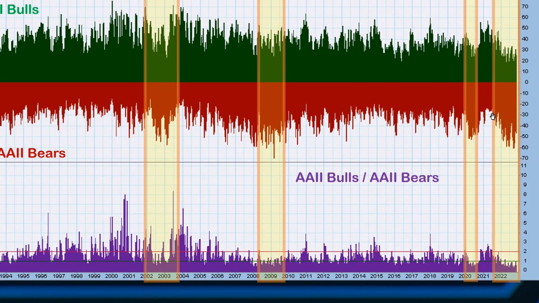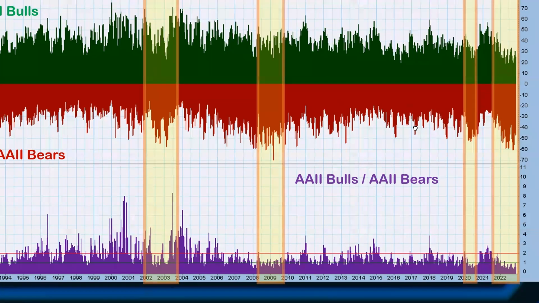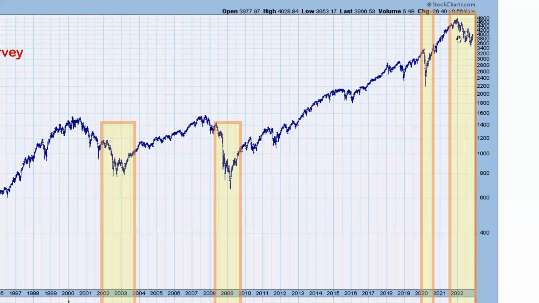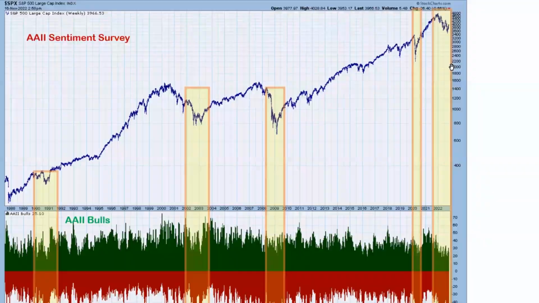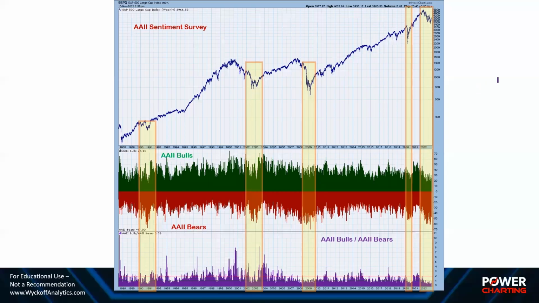So the market's ability to keep going down, it could go down further, but now many people have raised a lot of cash, have been underexposed to stocks here, at least in the area of the lows. That creates the conditions and the fuel for cash money to come back into the market.